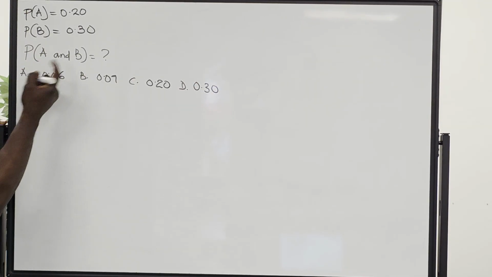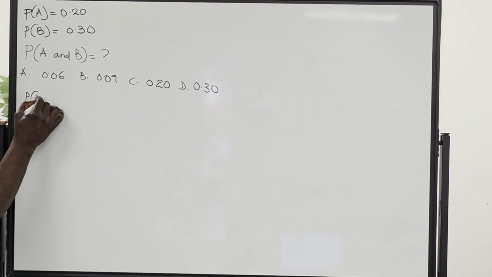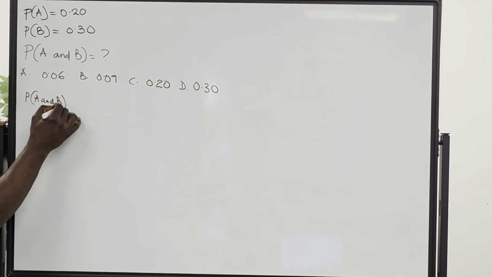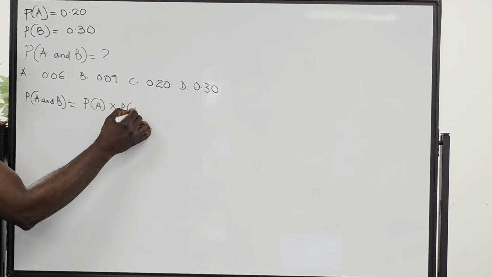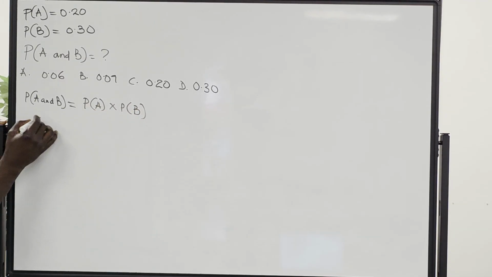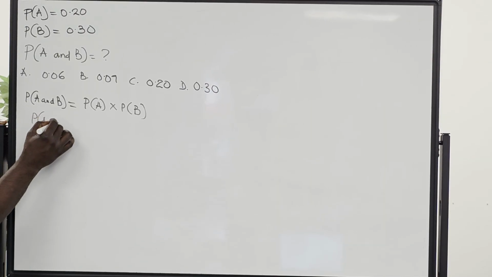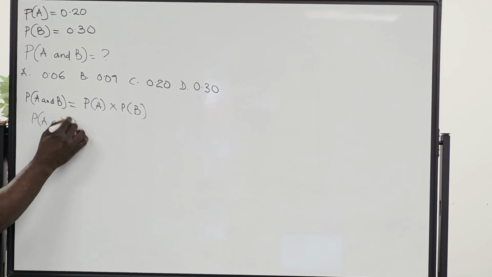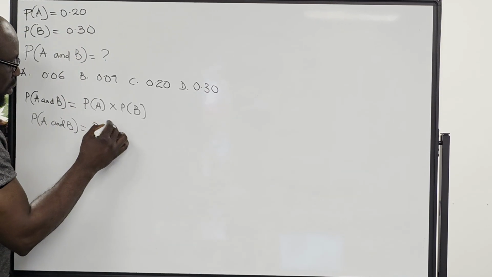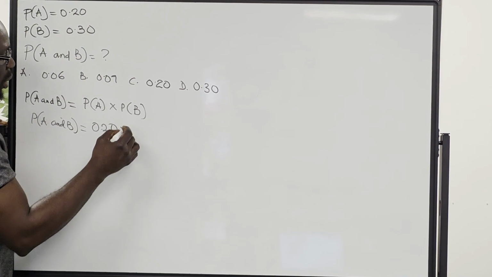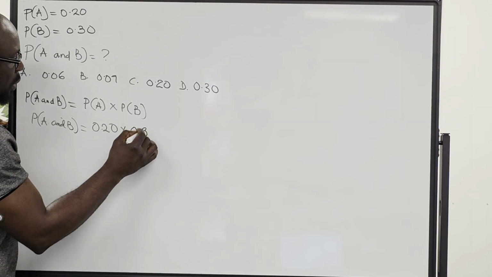Probability of A and B, P of A and B, is equal to probability of A times probability of B, right? So now let's solve this equation. So P of A and B, probability of A is 0.20 times probability of B, 0.30.